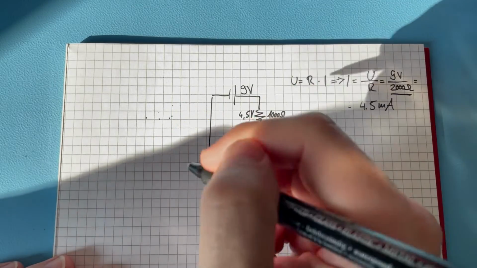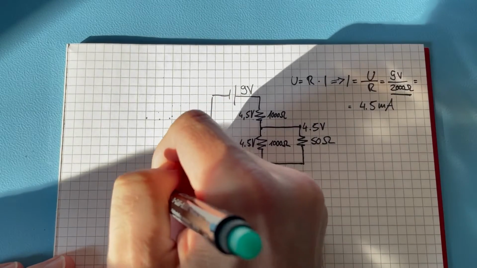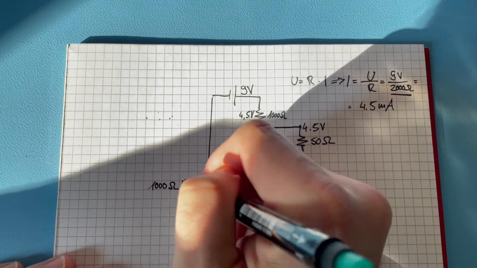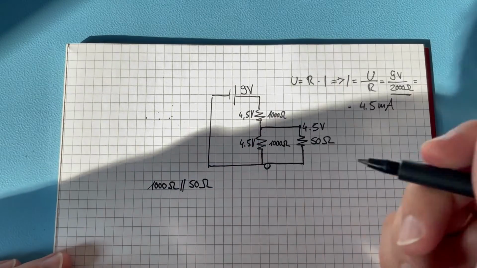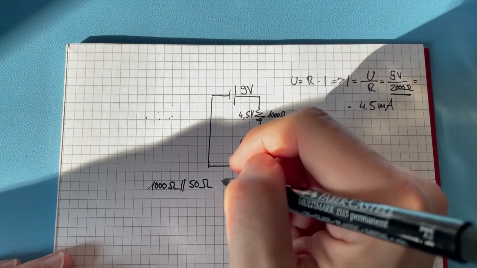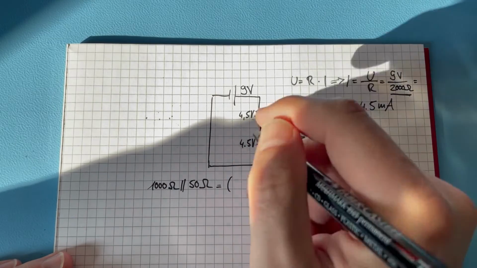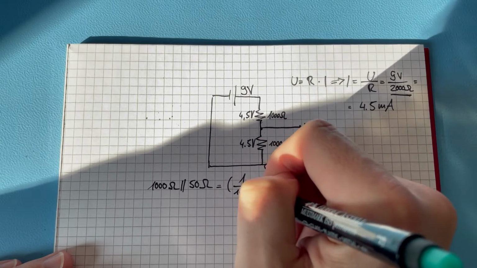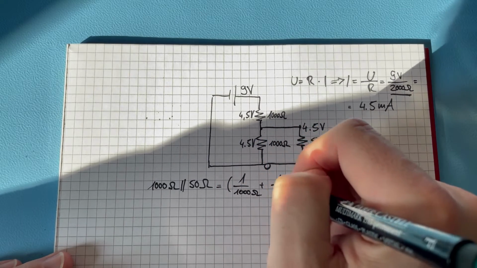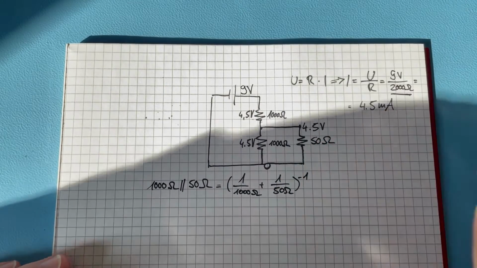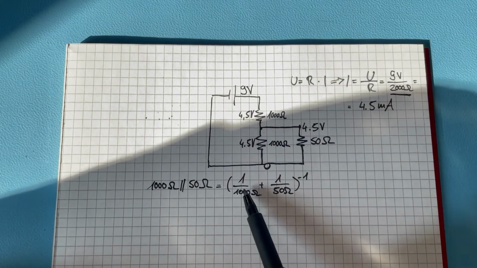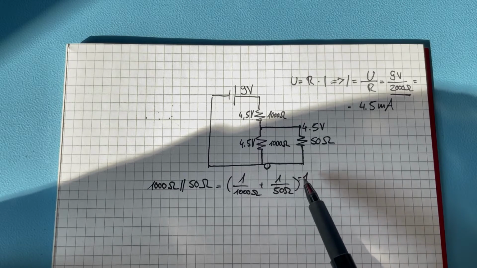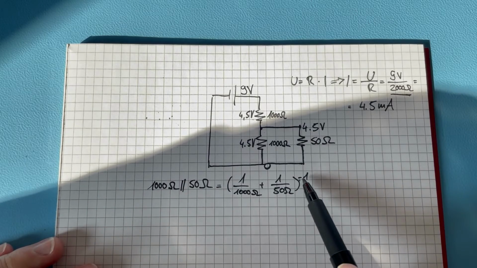So if we say, okay, we have 1000 ohm parallel to 50 ohm, then that resistance is (1/1000 ohm + 1/50 ohm)^-1. That's the general rule for parallel circuits. You invert every single resistor, add them up, and then at the end invert the whole sum again.